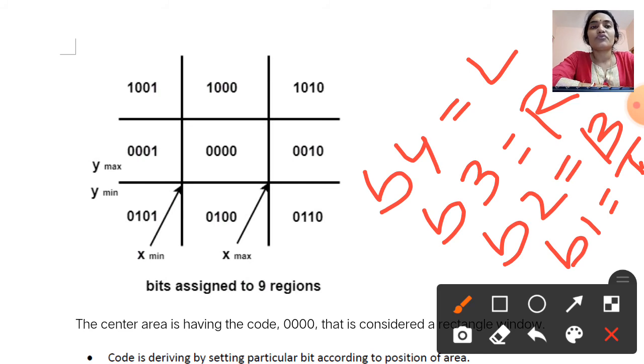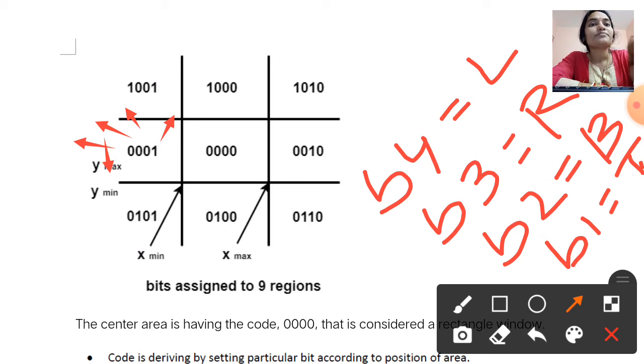In this 4 digit code, the first is your B1, second is your B2, third is your B3 and fourth is your B4.